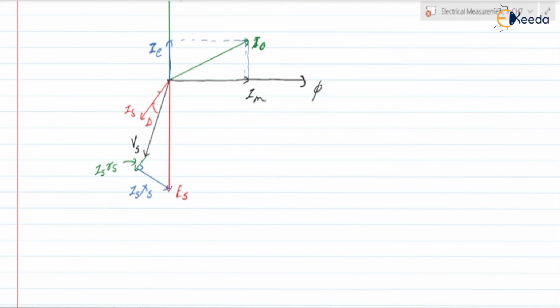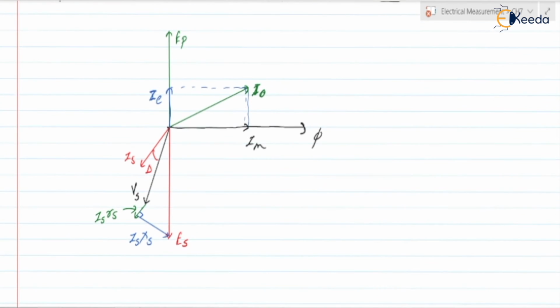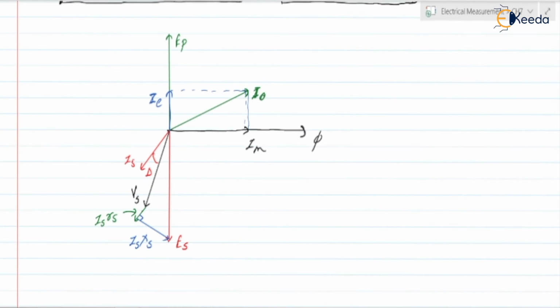Next, opposite to that of the IS, we will have the IS by N phasor, as this is the PT. Okay, so if you check in the PT, we have the turns ratio. It is the primary voltage divided by secondary voltage. So the component of the IS that will be reflected to the primary side is equal to IS by N, right?